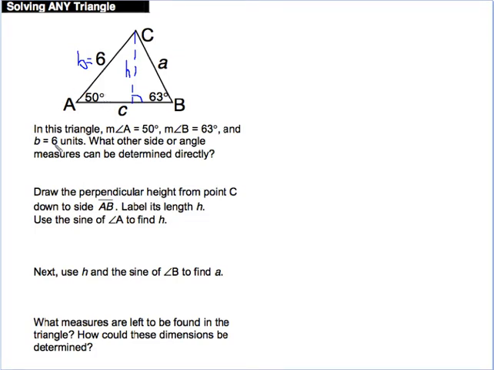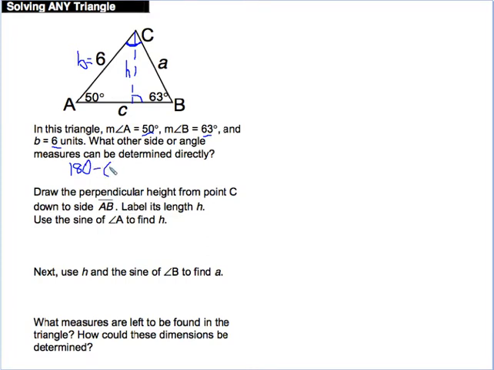So with this triangle, we have angle A is 50 degrees, angle B is 63 degrees, and side B is 6 units. And then what other sides or angle measures can we determine just from this information? Well, we can also figure out what our angle C is, just because we know that 180 degrees is how much all three angles will add up together.